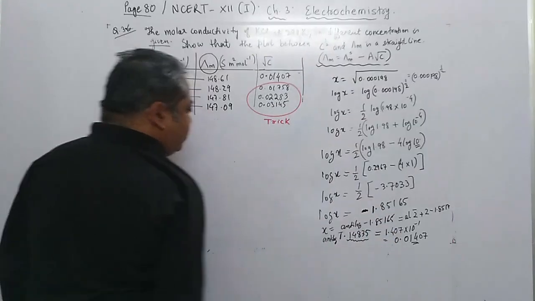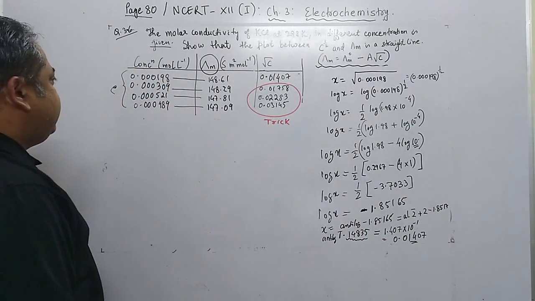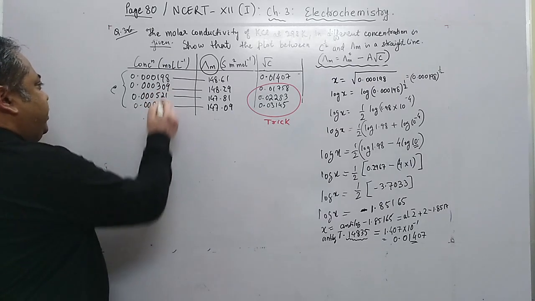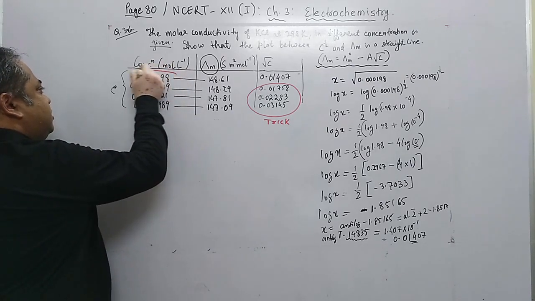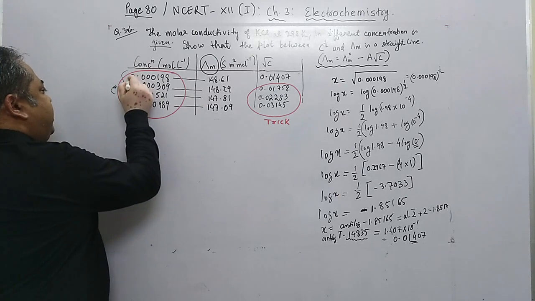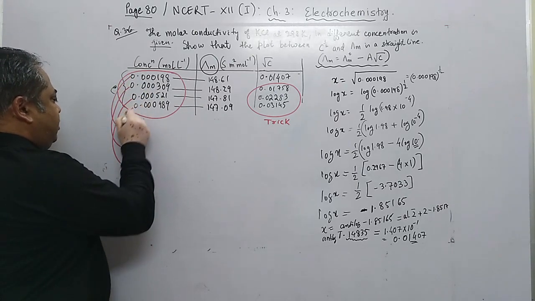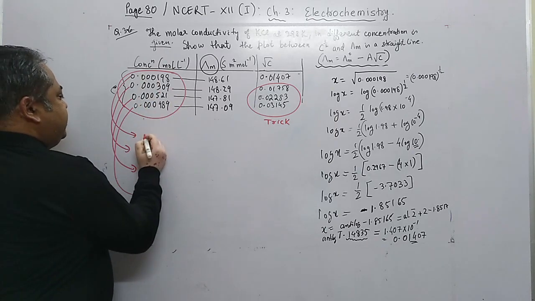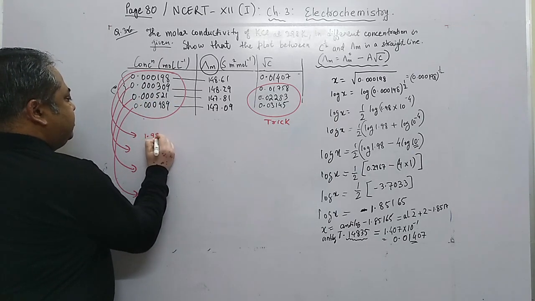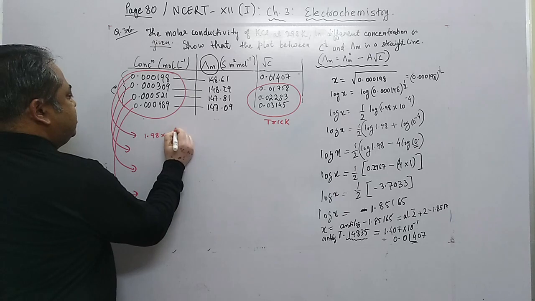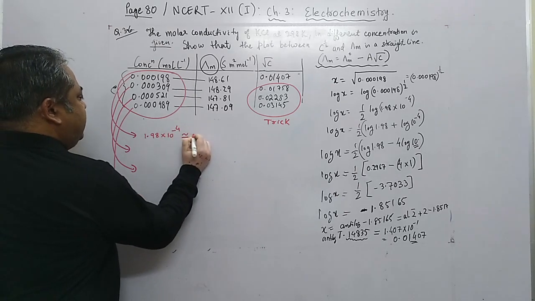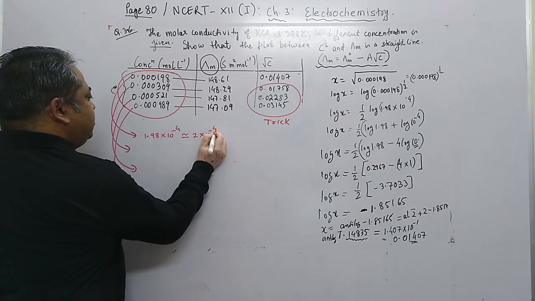This is a long method of calculation which can kill your time in the exam. So the short method would be to do some rough approximation. I can write 1.98 into 10 to the power minus 4 as approximately 2 into 10 to the power minus 4.